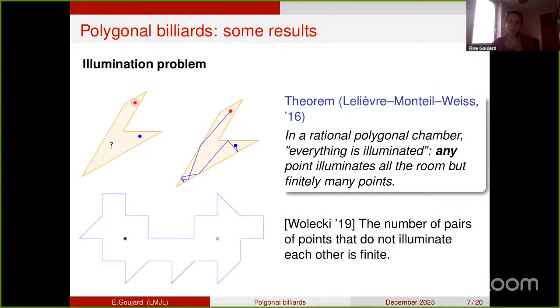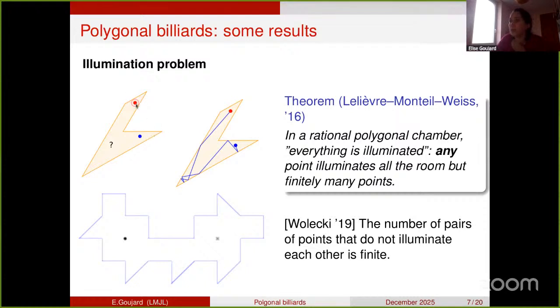And finally, the last problem that I want to present is the maybe famous illumination problem. So it is as follows. You consider a billiard still in a polygon. Actually, here you also have to consider a polygon with rational angles.